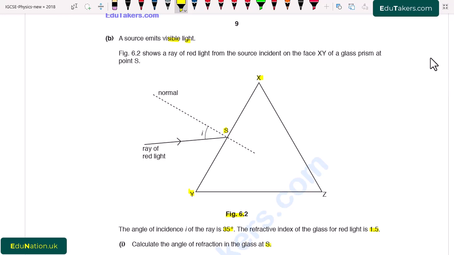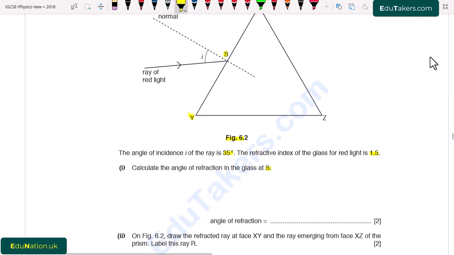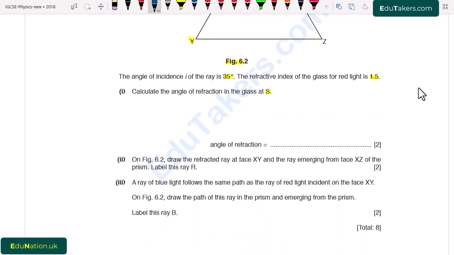So here we have to find out the angle of refraction. So here we use the relation that refractive index is the ratio of sine of angle of incidence to sine of angle of refraction. So I write here n is equal to sine i over sine r. Here i is the angle of incidence and r is the angle of refraction. n is the refractive index and we have to find the angle of refraction. So I rearrange this.